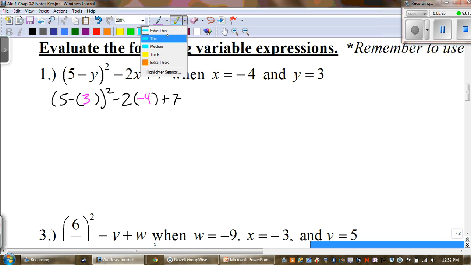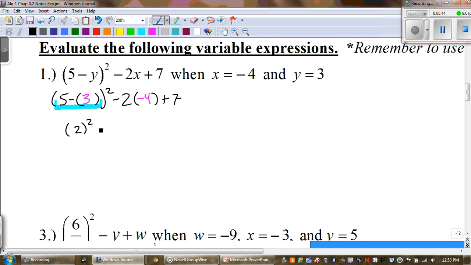So we have to do what's inside first. So I'm going to worry about that first. 5 minus 3 is 2. Okay. And now we're going to do the exponent. 2 squared gives us 4.